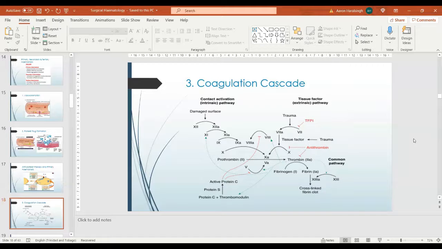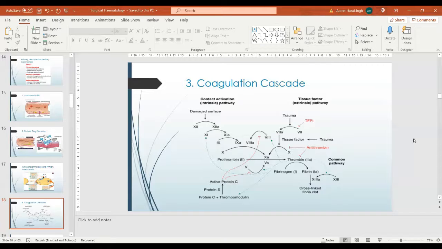These coagulation factors can also be placed into different groups. So there's the fibrinogen group, the prothrombin group, and the contact group. So the fibrinogen group of factors are factor 1, factor 5, factor 8, and factor 13. And it's easy to see how those play in here.